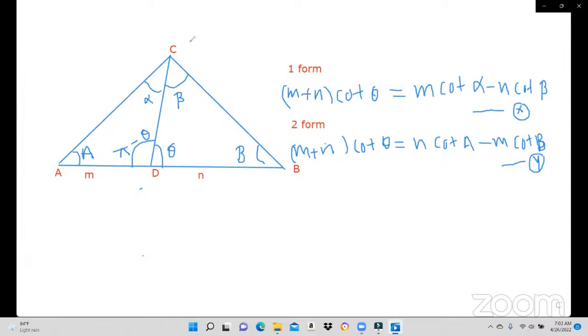After reaching that stage, we have got an equation: M sine A divided by sine alpha equals N sine B divided by sine beta. We'll do a cross multiplication.